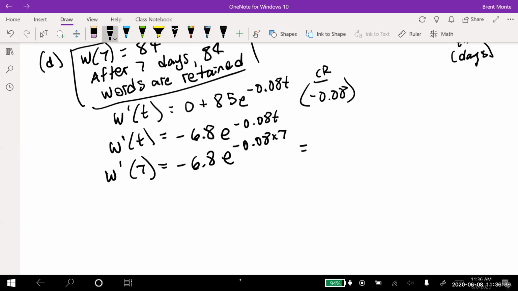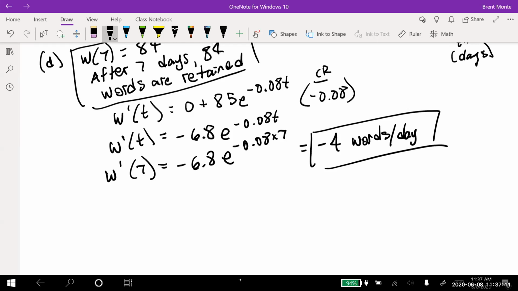And I get, let's see, negative 6.8 e to the negative 0.08 times 7, negative 3.88, or about negative 4 words per day. Notice this is a rate of change. So it's not just in words, but it's words per day. And it's specifically talking about the next day. Well, we're at day 7. So it's specifically talking about day 8.